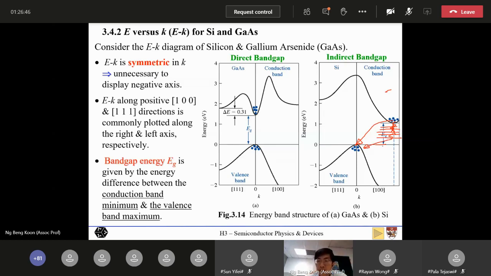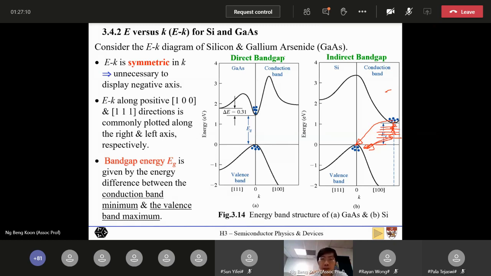So this is actually a higher probability transition, and as a result, you find that for an indirect bandgap semiconductor, it's harder for electrons to go directly to the valence band and emit a photon, but instead they tend to go back down to these defect levels and emit the energy as heat. So you don't get light from such material so easily.